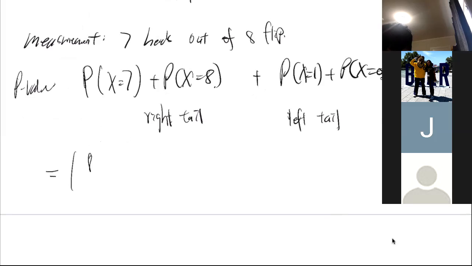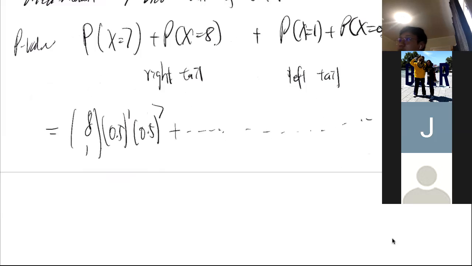Each probability follows a binomial distribution. For example, for x equals 7, that's 8 choose 1 times 0.5 to the first and 0.5 to the seventh, which stand for the success and failure counts. It's the same for the other three probabilities. And at last, we get 0.07.